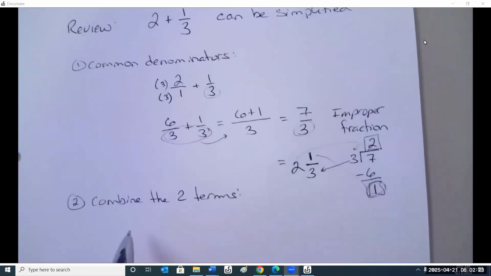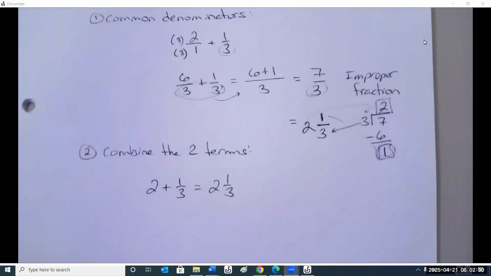Combine the two terms. If we have 2 plus 1/3, then that equals 2 and 1/3.